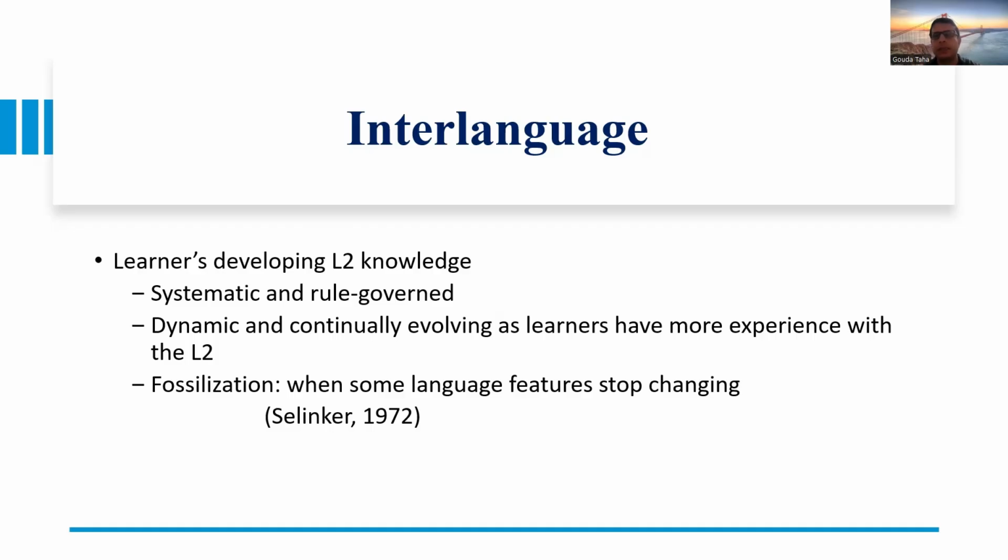Remember when we discussed the critical period hypothesis? At some stage, this innate language mechanism, if we're going to borrow some of the concepts from the nativist approach, shuts down, right? And in this case, the fossilization is just like that, when some language features stop changing.